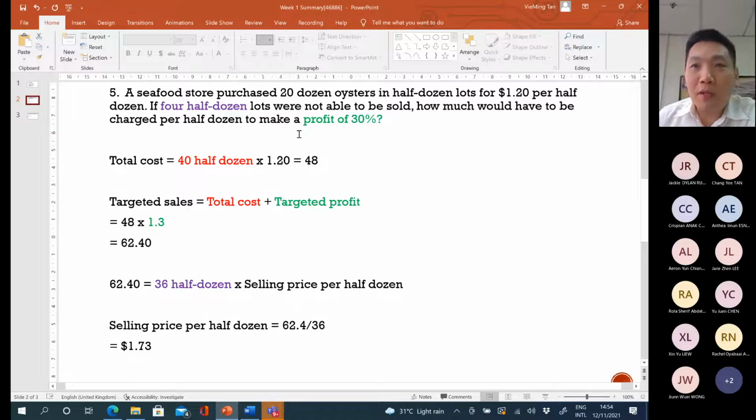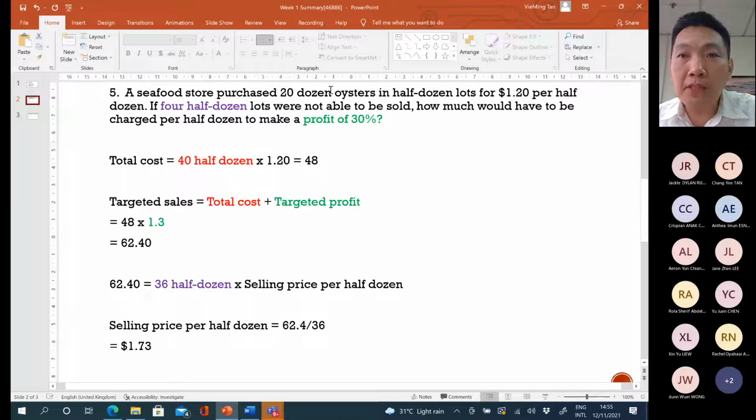So we need to analyze the question first. 1 dozen means 12 units, 1 dozen has 12 oysters. The question is asking for half dozen, so it's better for us to change everything to half dozen. Then it will be easier to answer this question.